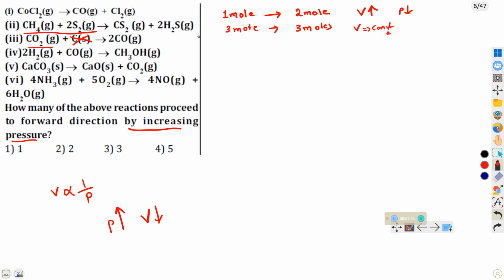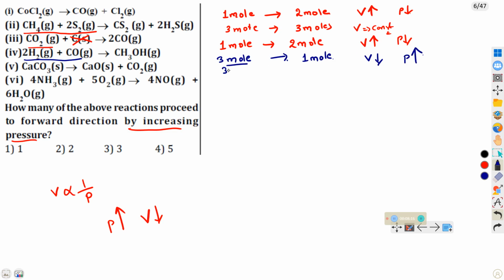Left to right, 1 mole of gaseous reactant converted to 2 moles of gaseous product, so volume increases left to right, pressure decreases. Next one, 3 moles of gaseous reactants are converted to 1 mole of gaseous product. Left to right, volume decreases, so pressure increases.